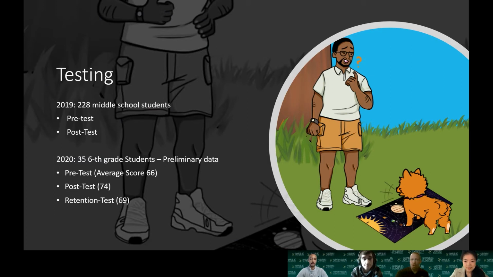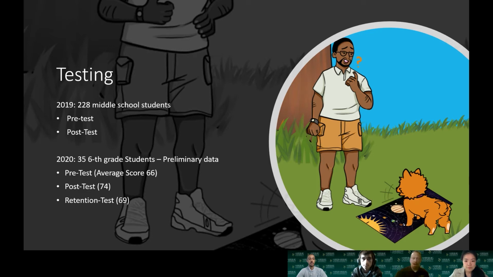So all of this is well and good, but the question then becomes, how effective is it, right? Because a game that's fun is wonderful, but we are trying to achieve teaching planetary science through this game. So we've run two different experiments at this point, and I'm going to first go over what we did last year in a previous version of the game.